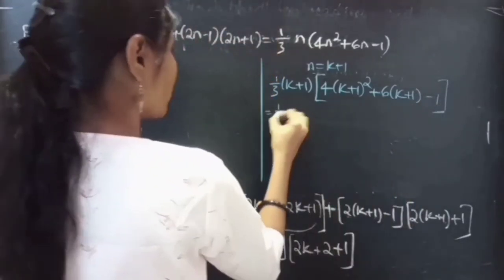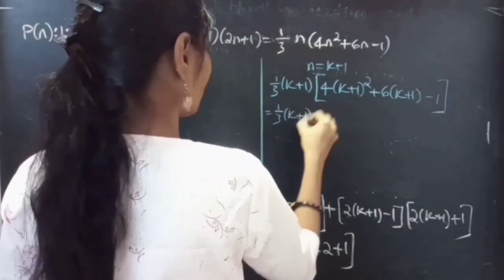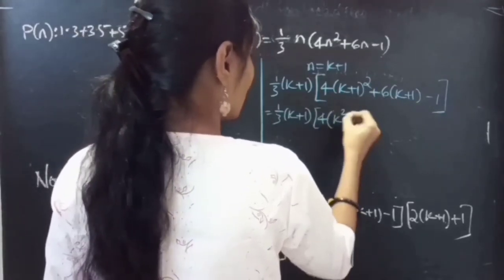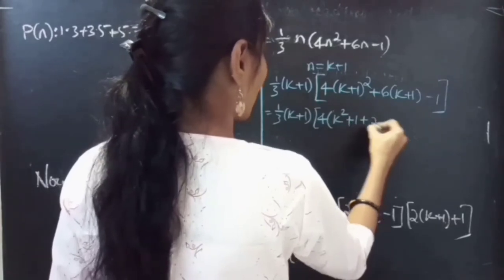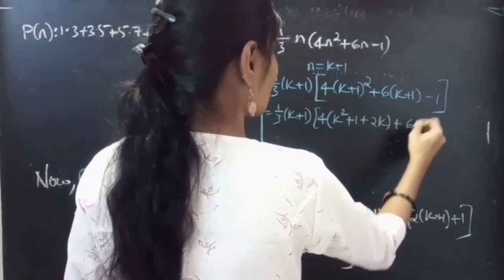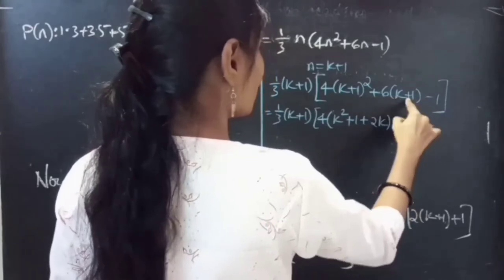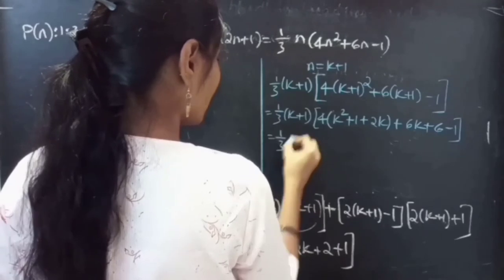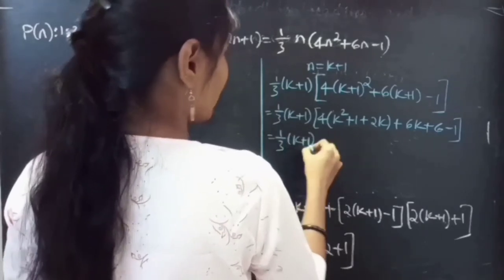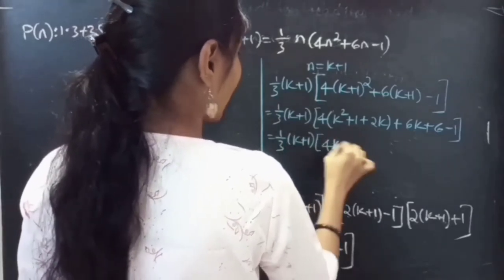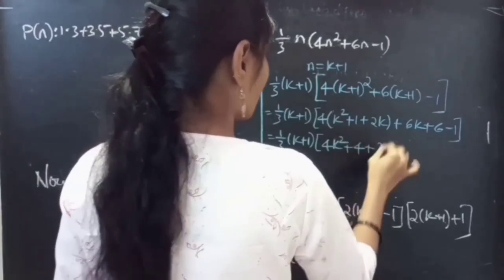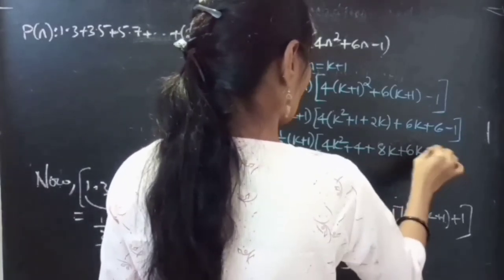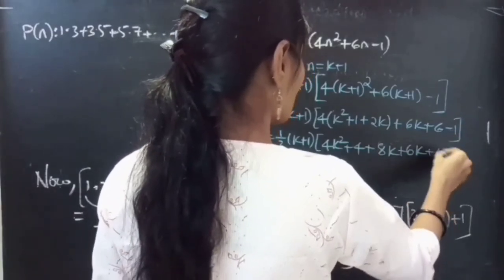So this equals 1 by 3 into k plus 1 of 4 into expand k plus 1 whole squared, k squared plus 1 plus 2k, plus 6k, 6 into 1 is 6, minus 1. This equals 1 by 3 into k plus 1 into 4k squared plus 4 plus 2 fours are 8k plus 6k plus 6 minus 1 is 5.